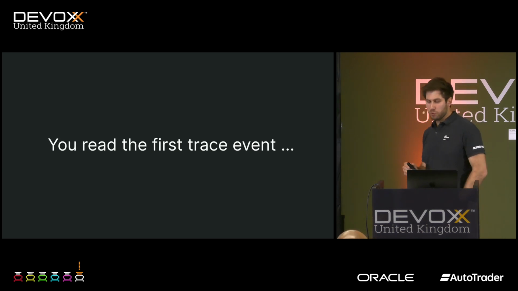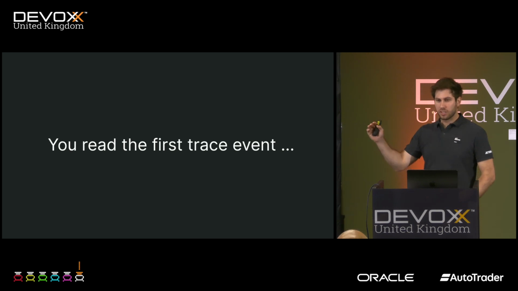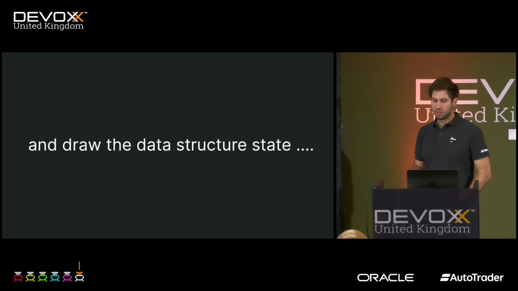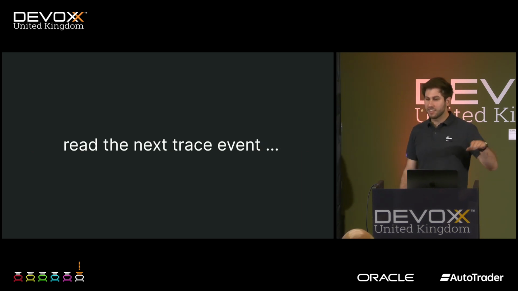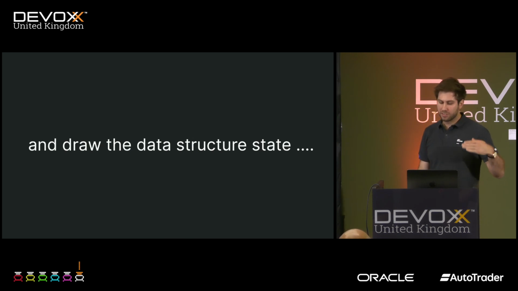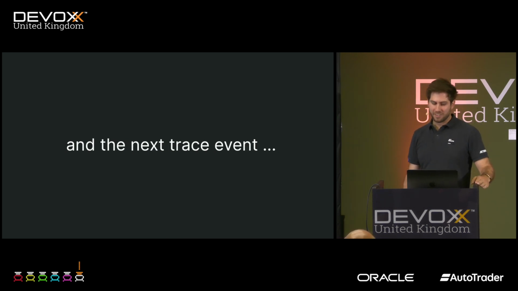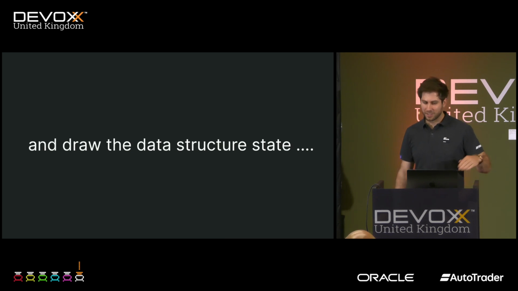So what we usually do is that we read the first event in the trace, then we draw the data structure state, then we read the next event, we update the data structure state, then the next one, and then we draw it again.